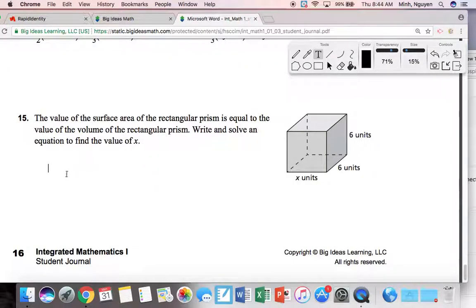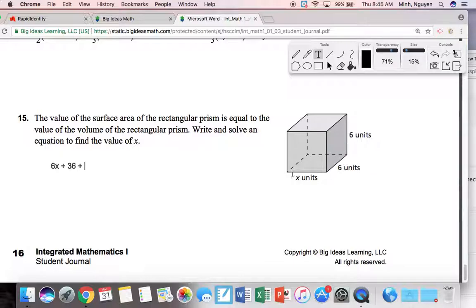So 6 times however much each surface area is. Right here, up and down is 6. So this face is 6x, because we're just multiplying them. Plus this face is 6 times 6, which is 36.